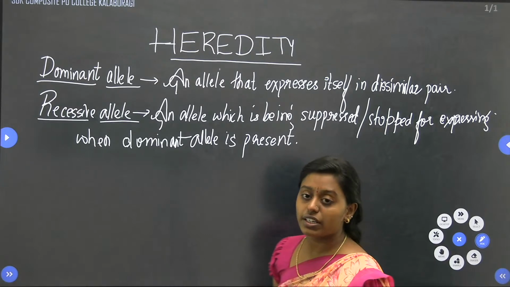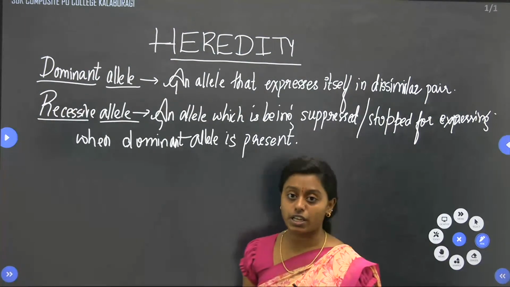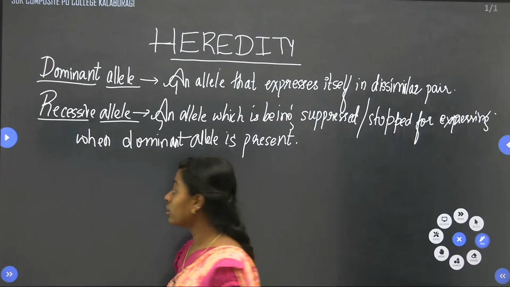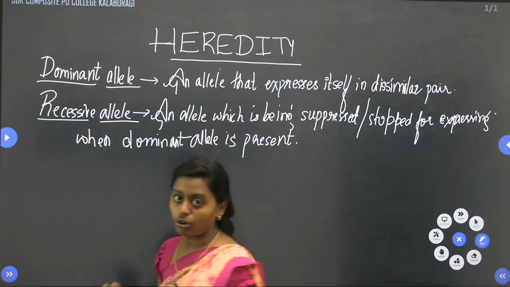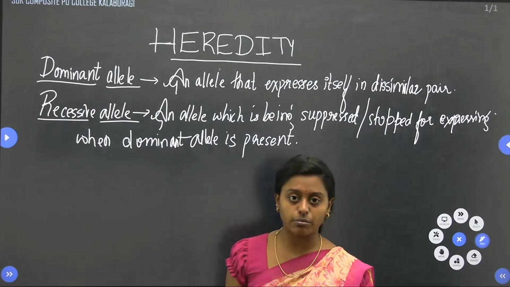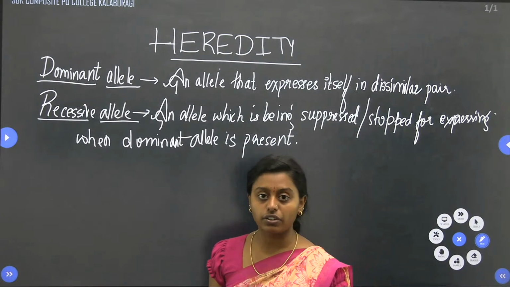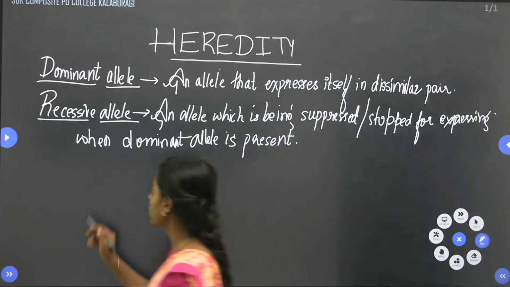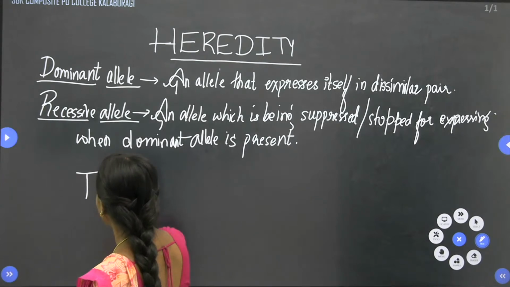Let us try to understand this with an example. If we consider tallness or the height of the stem as a particular character, then height of the stem can have two alleles.